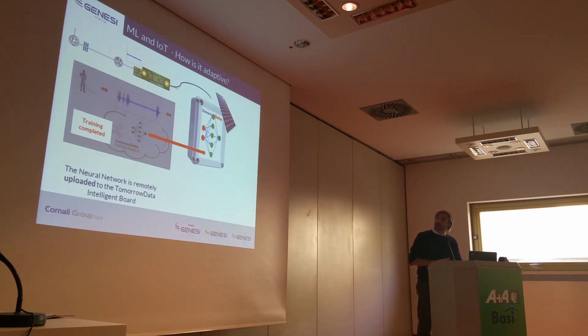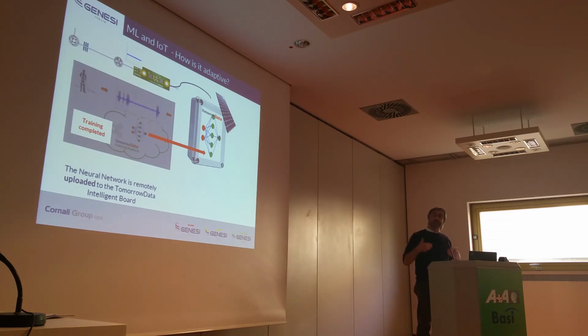And after the algorithm has been trained, we can upload it remotely over the air onto our already remotely installed intelligent unit, so that we are able to alter the behavior of the intelligent unit even if it has already been installed. Let's say that a new phenomenon starts occurring near the lifeline, and we have to clean it from our data.